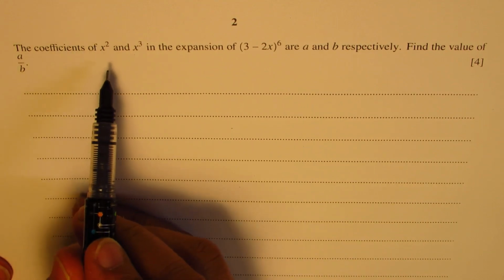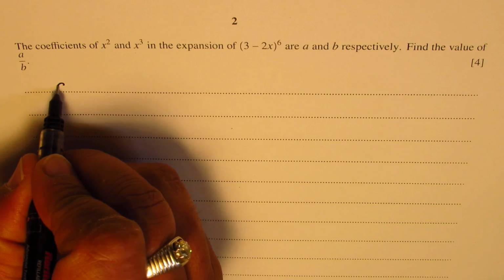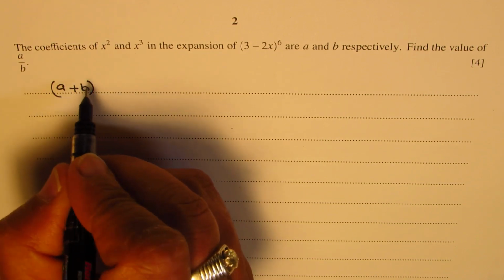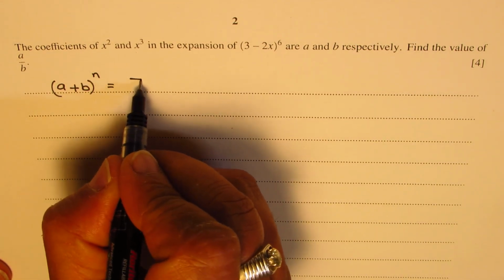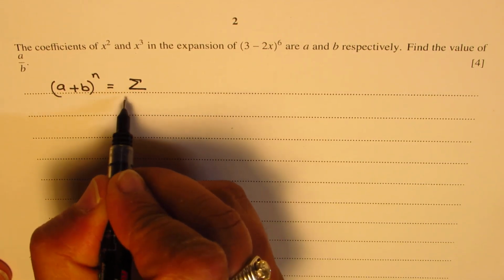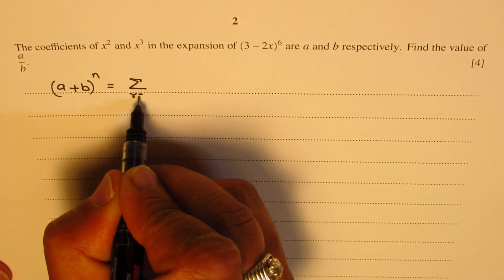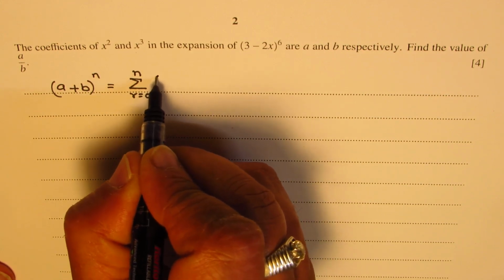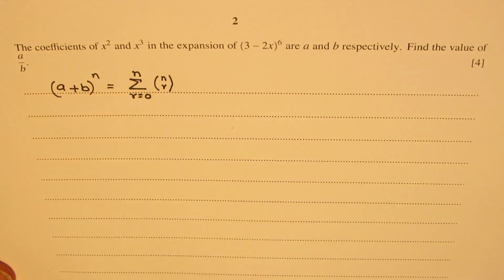So let's begin with the formula itself. The binomial expansion of (a plus b) to the power of n is given as the sum of a series, where we write the general term, r going from 0 to n, nCr, which can be written in different ways. We'll adopt different ways as we move along.